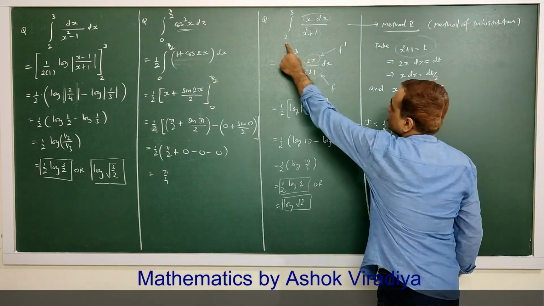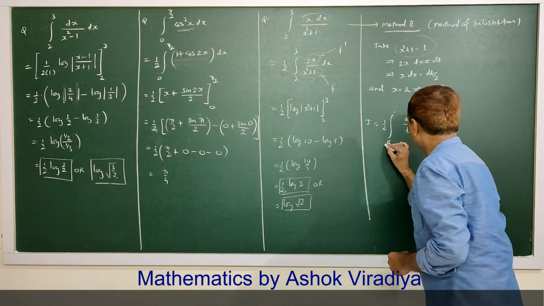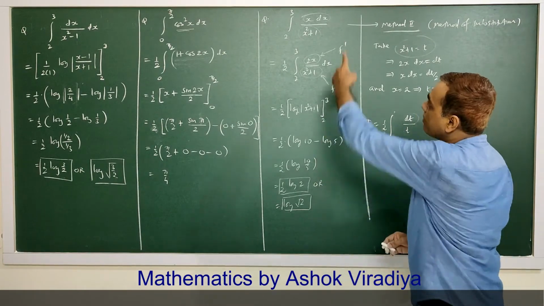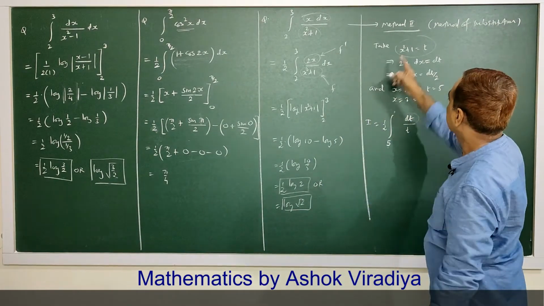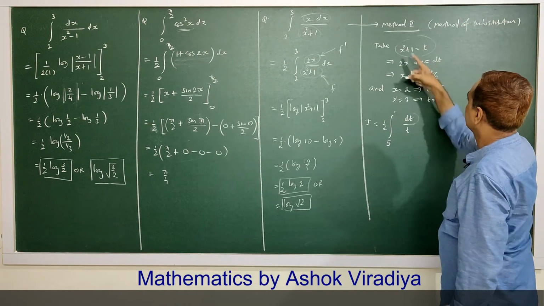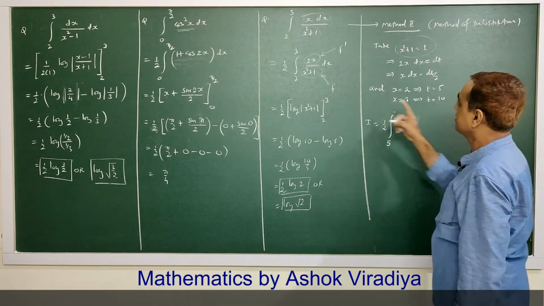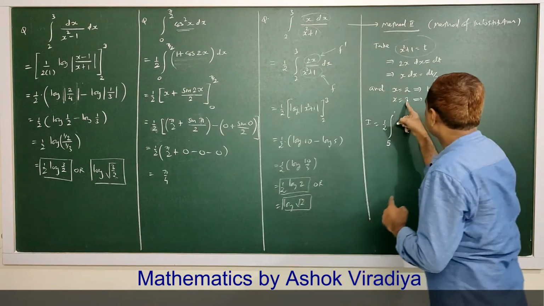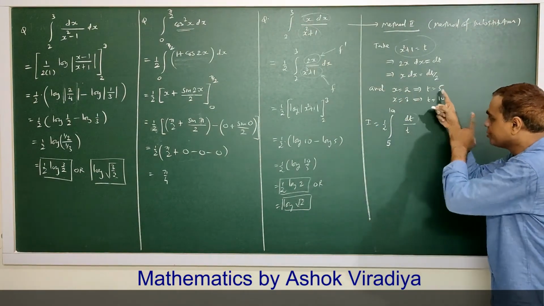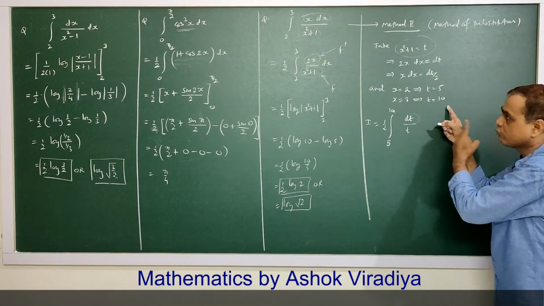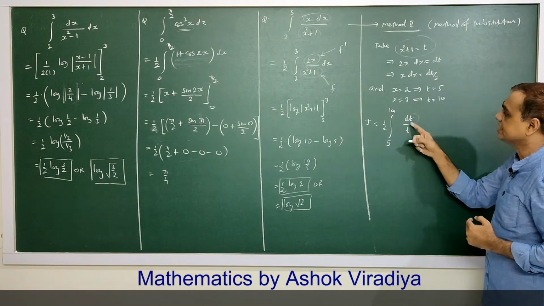So when x is 2, t is 5. Now upper limit, when x is 3, t is 3 square, 9 plus 1, 10. So 3 is replaced by 10, 2 replaced by 5, and dx is replaced by dt.